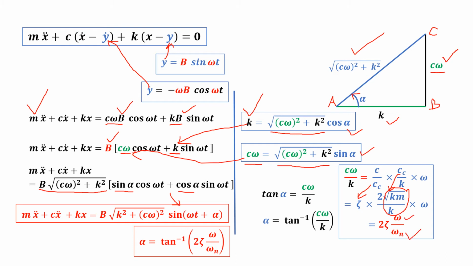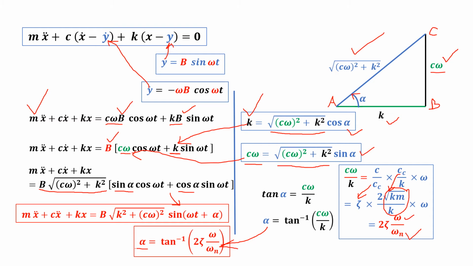So omega by omega n. Now by putting the value of c omega by k, we get alpha to be tan inverse of 2 zeta omega by omega n.